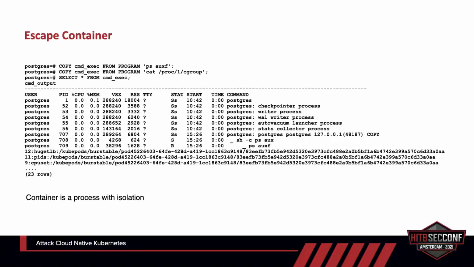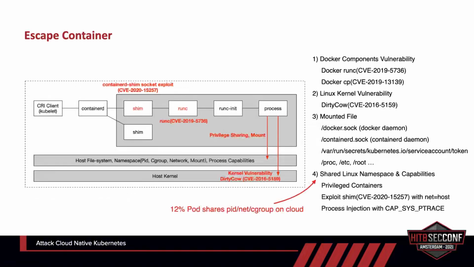As shown on this page, we caught an RCE vulnerability in a PostgreSQL container. We can only obtain a limited process list and permissions restricted by cgroup and namespace. To better understand the method of container escape, you should know that a process in the container is essentially just a normal process of Linux.